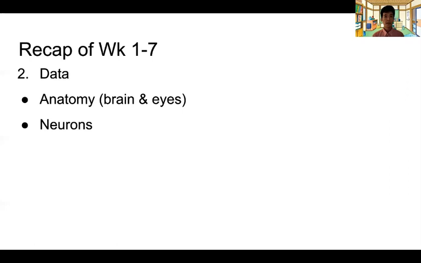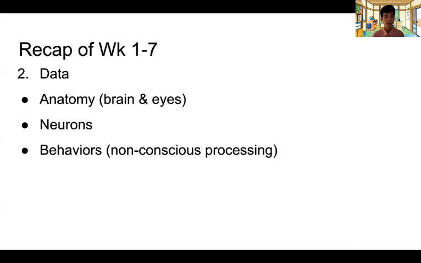And then the basic biophysics of the neurons: mainly dendrites collect input from other neurons, and then axons send a pulse of action potential, or spiking, firing, to other neurons. And then I also mentioned several different types of behaviors, mainly button press, but also verbal report type data, and some of them can contain non-conscious processing.